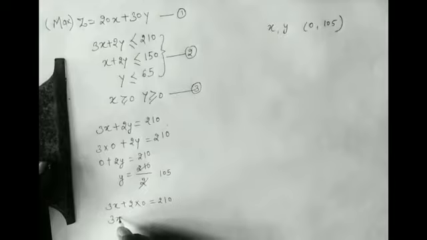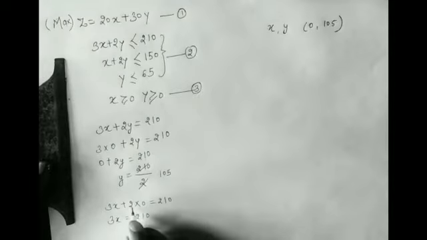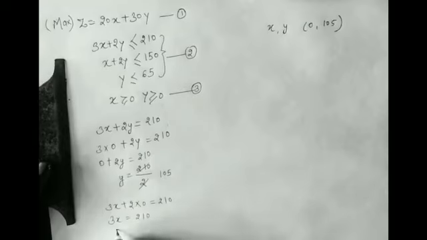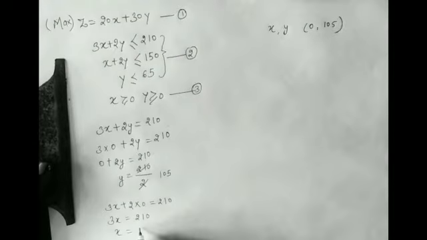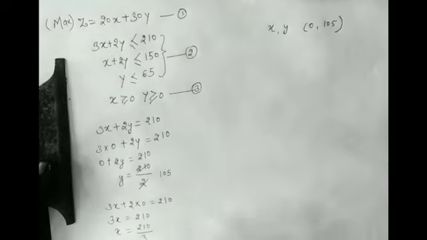So 3x equals 210, because 0 into 2 is 0. x equals 210 upon 3, which is 70.